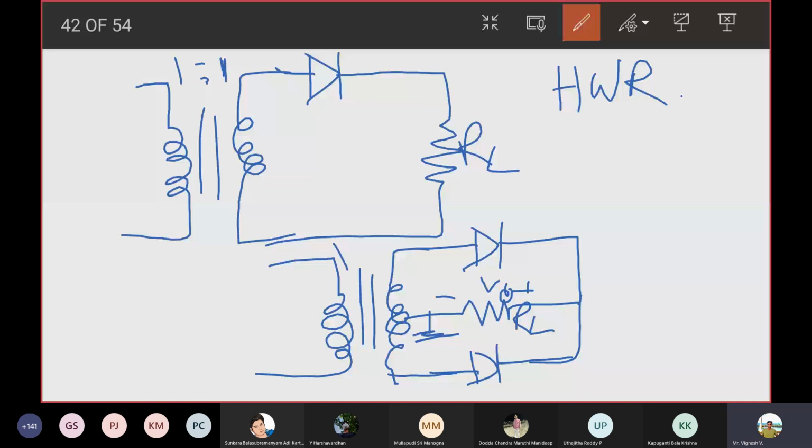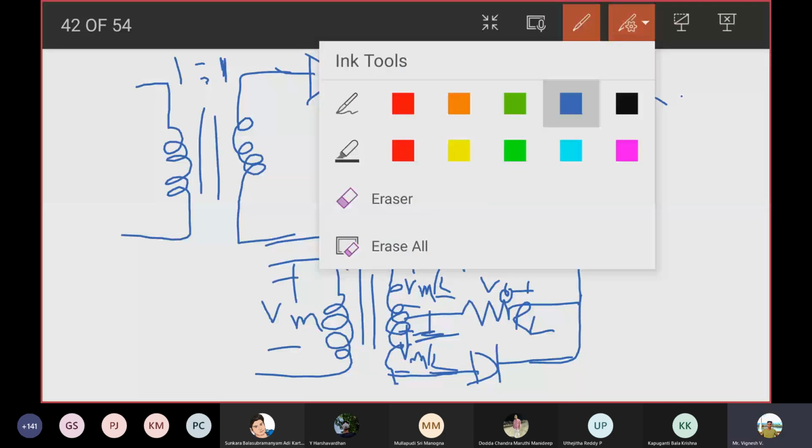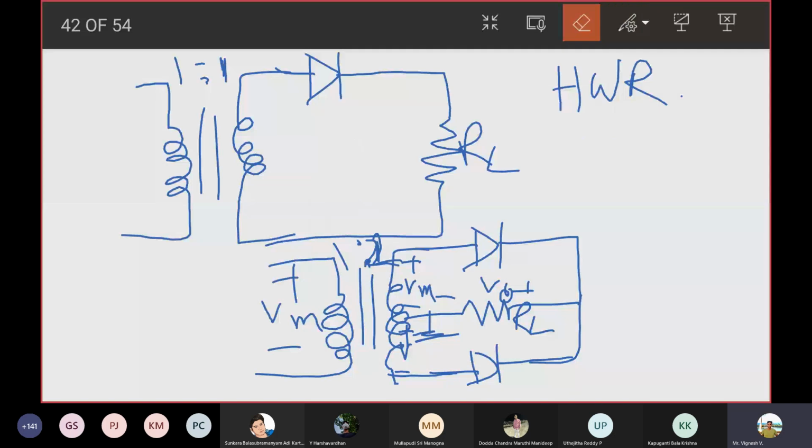If I use 1:1 turns ratio, if this is Vm, across the transformer, you end up getting only Vm by 2. You're not going to get the complete Vm. Only if it is 1:2. If the turns ratio is 1:2, you end up getting Vm and Vm, right? Am I right? Yes.